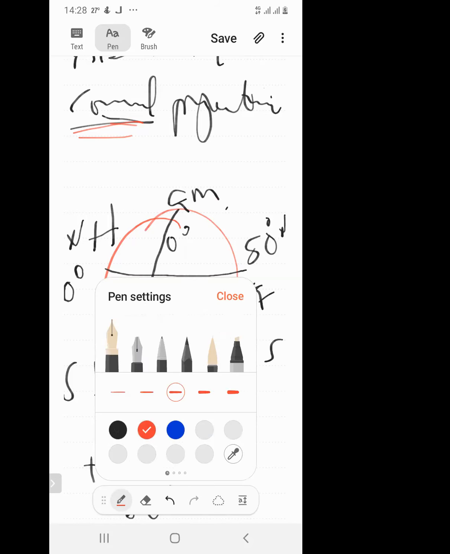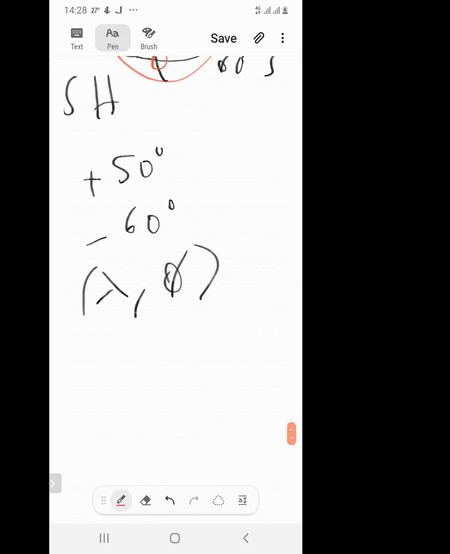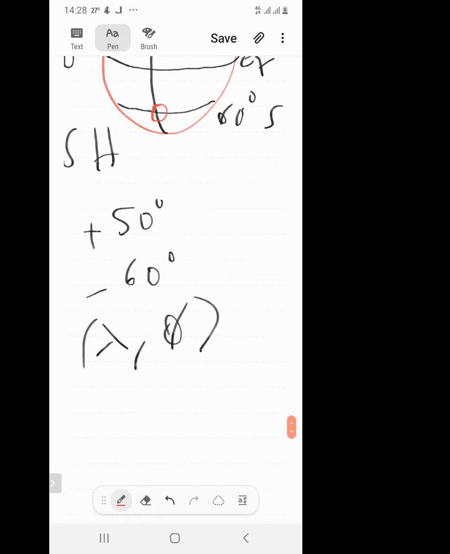That point is defined as: my longitude is 0, comma, and my latitude is minus 60.